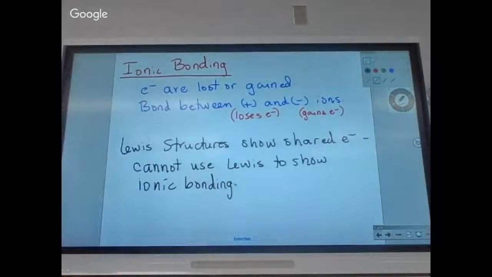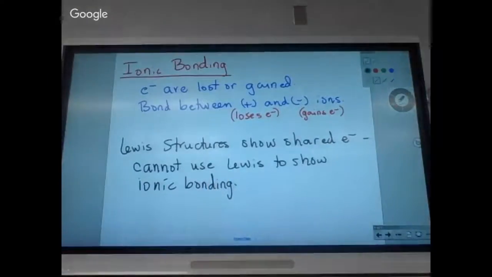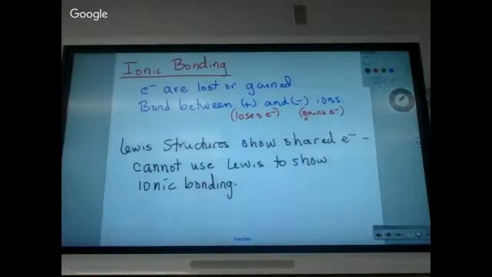Okay? Because Lewis structures show shared electrons. That's what we've just spent really 3 days working on. Lewis structures show shared electrons. We cannot use Lewis structures to show ionic bonding. So we have to have something else.